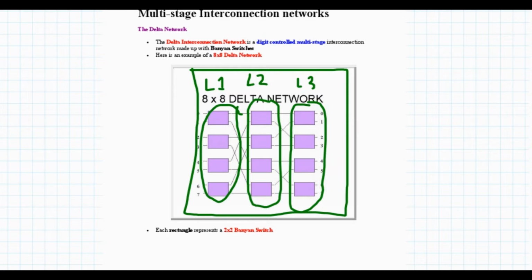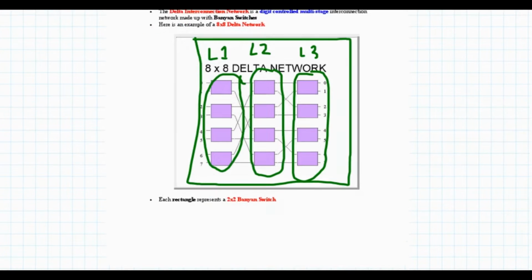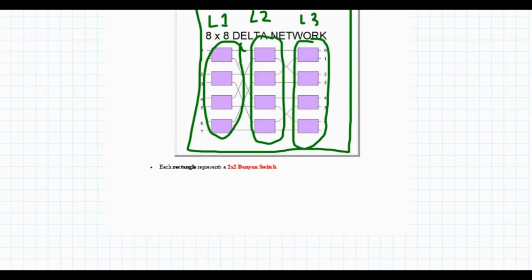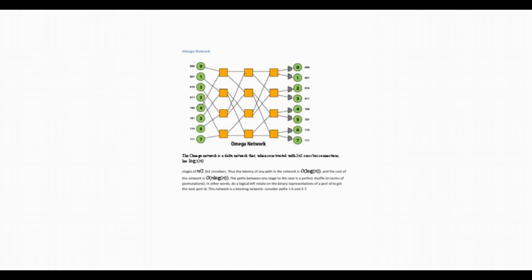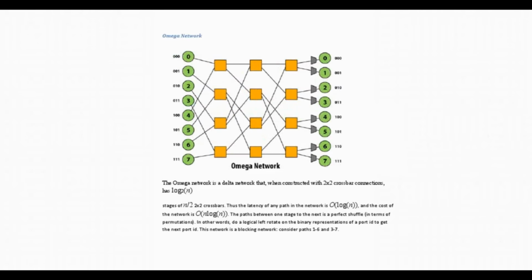Now let me look at some of the example networks which are in existence actually. This multi-stage interconnection network is called Omega network. So now how can you build the Omega network?